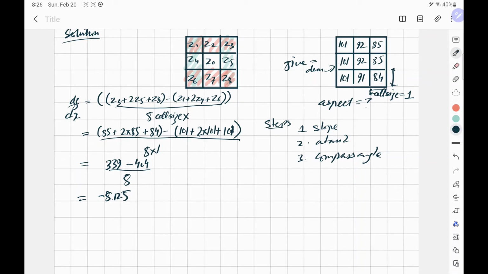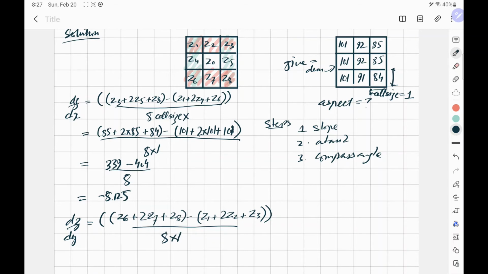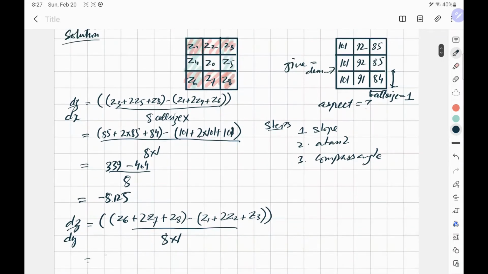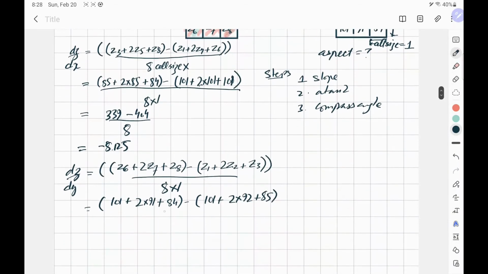So we have dz by dy equal to (Z6 plus 2 times Z7 plus Z8 minus (Z0 plus 2 times Z1 plus Z2)) whole divided by 8 times 1, which is equal to (101 plus 2 times 91 plus 84 minus (101 plus 2 times 92 plus 85)) divided by 8.